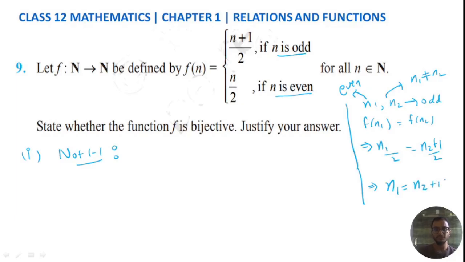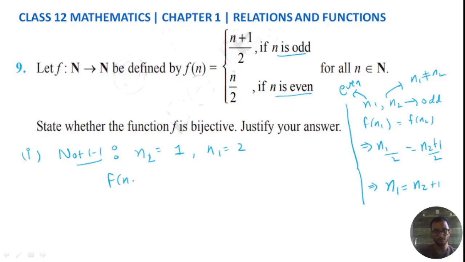So we should select n1 and n2 such that this relation holds, where n2 is odd and n1 is even. First we should take n2 to be odd, right? Take n2 equals 1 and n1 equals 1 plus 1, that is 2, right? Because we need this equation to hold.